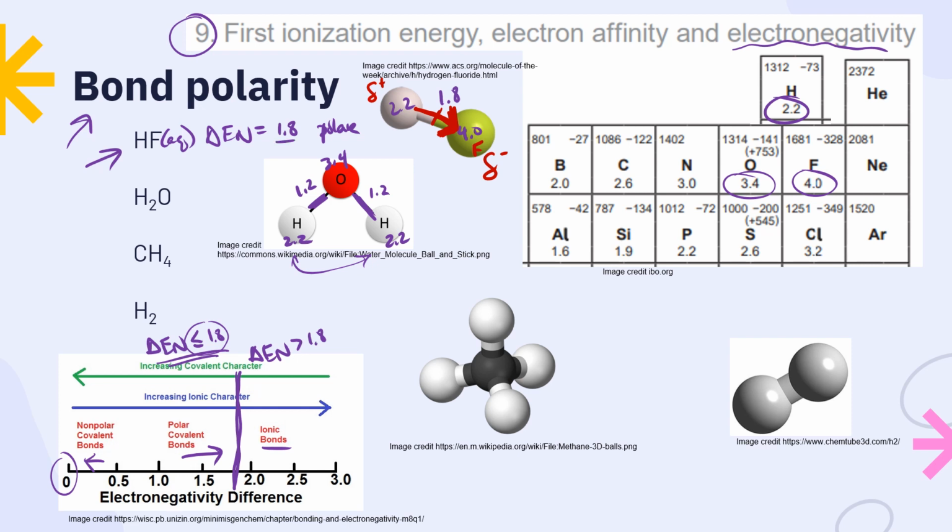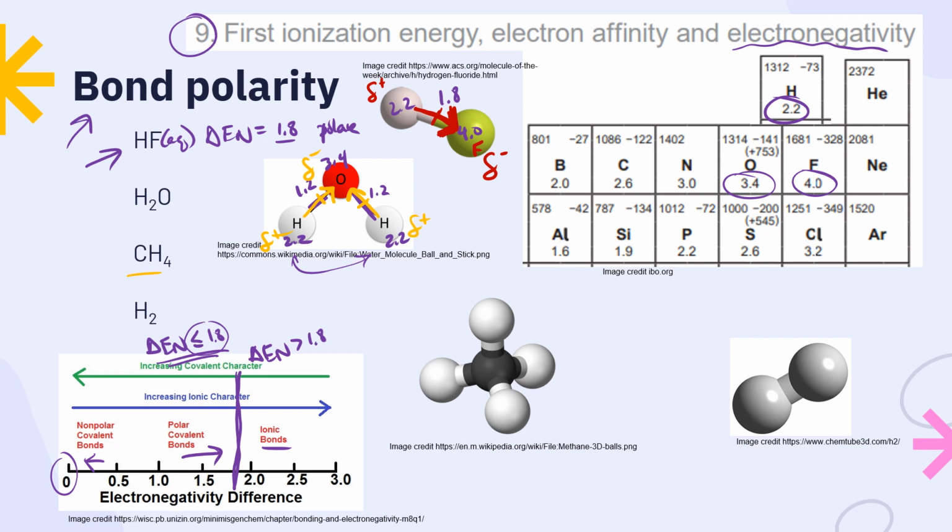Not quite as polar as 1.8, but also pretty polar. And so we can draw our vectors to show that we have electrons getting pulled toward the oxygen. And this is just, again, showing that we've got more negative on the oxygen side, and then each of our hydrogen sides is going to be partially positive.